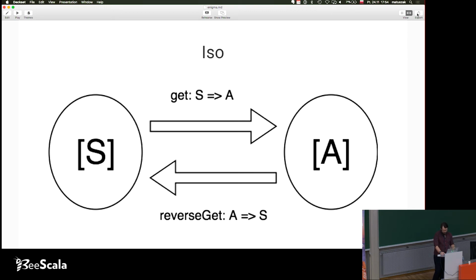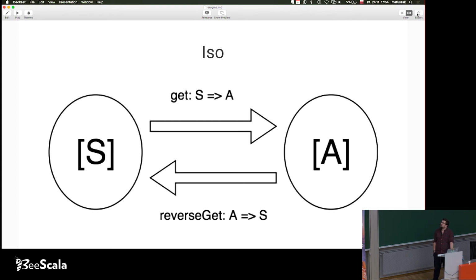Maybe this image will clarify what I'm saying: you have a domain and codomain, and you can go back and forth from one to another.